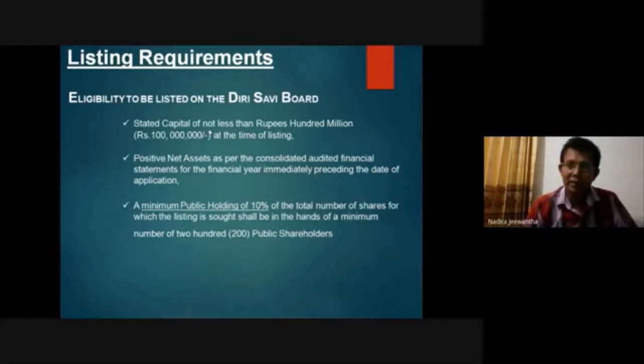After you are listed, you have to comply with continuing listing requirements: annual report, annual general meeting, directors' appointment, directors' withdrawal. Everything has to be informed. Those are the continuing listing requirements for you to satisfy after you are listed. I'll give a note and take that question with you all when you're doing questions.